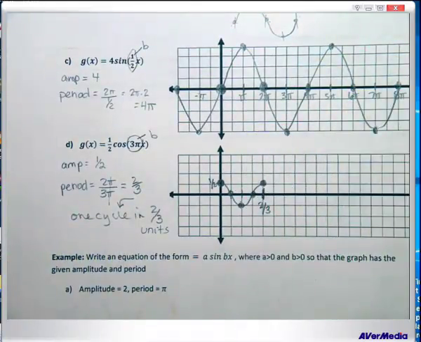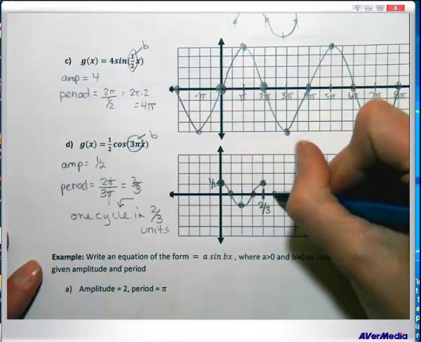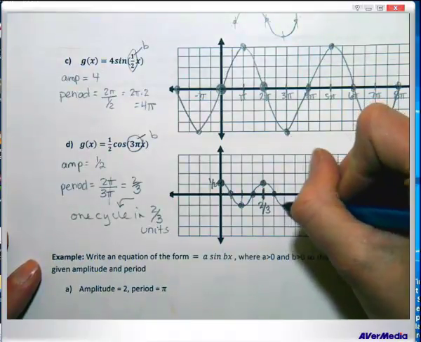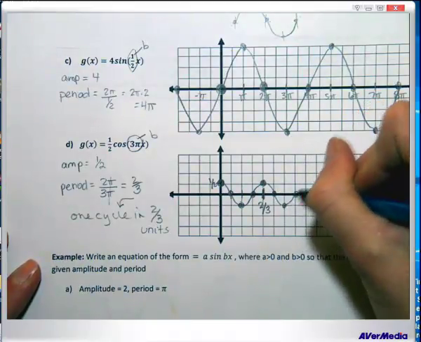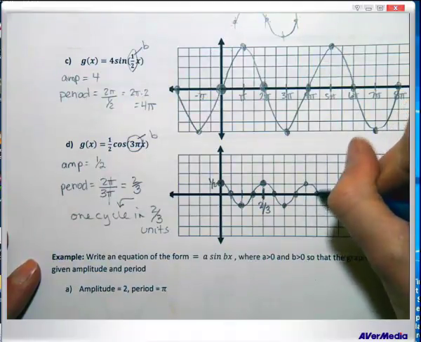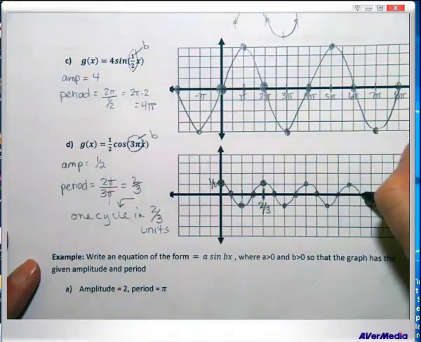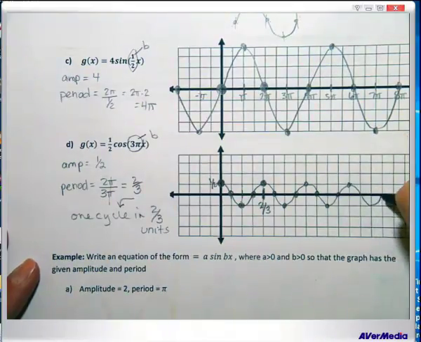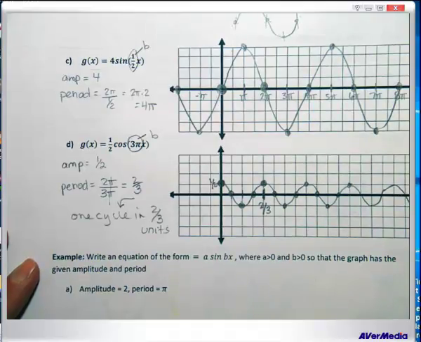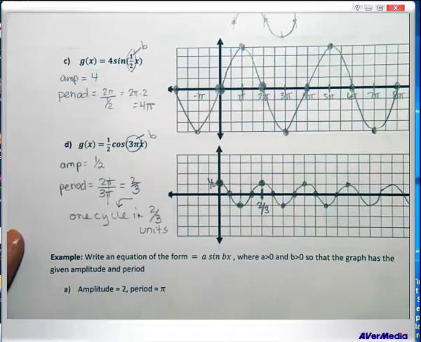And there's one cycle for this function. And then I could continue that out. Down, minimum, 0, maximum. 0, minimum, 0, maximum. Good enough.